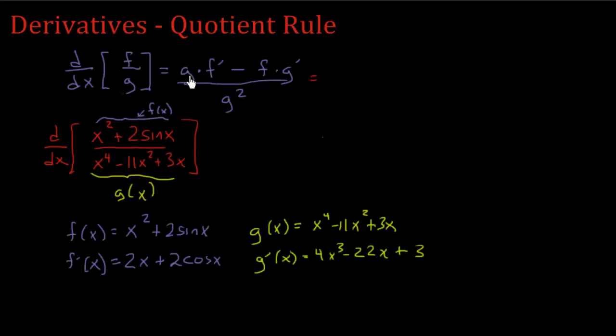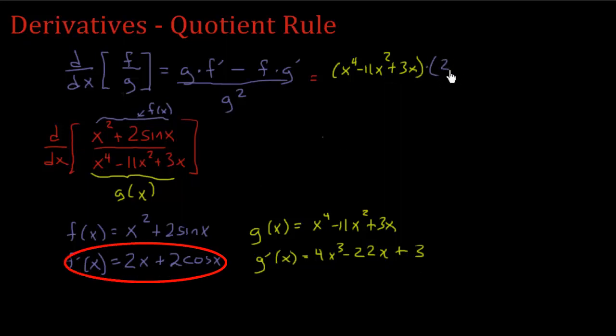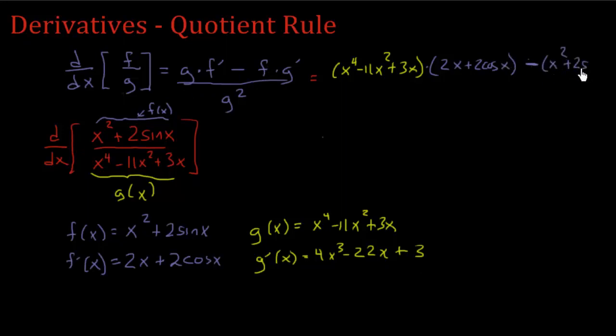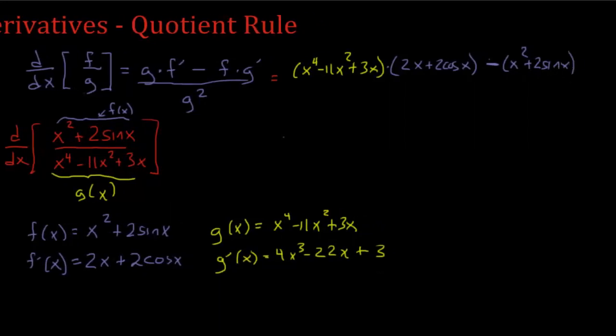So that's going to equal g. So what's g? g is x to the fourth minus 11x squared plus 3x times the derivative of f. So that's down here: 2x plus 2 cosine x. And then you've got your minus. And then f. So f is x squared plus 2 sine x times the derivative of g.